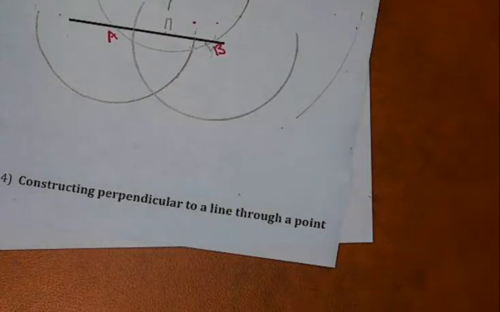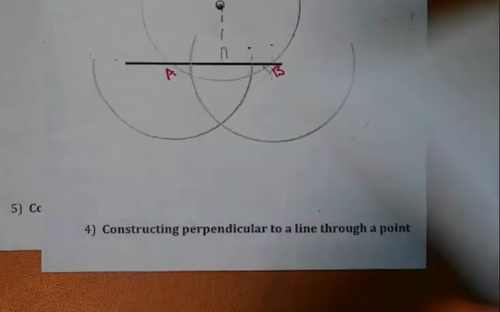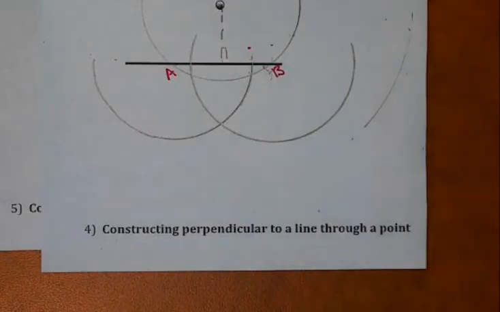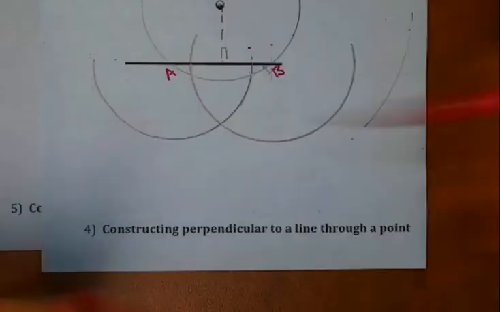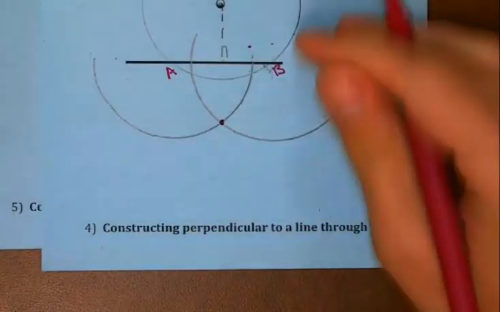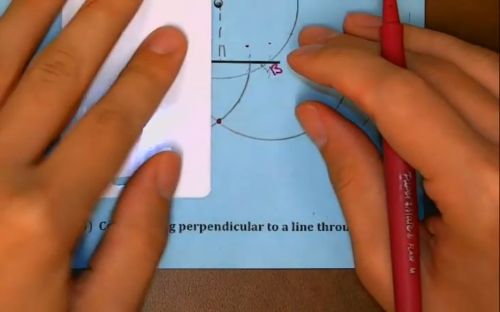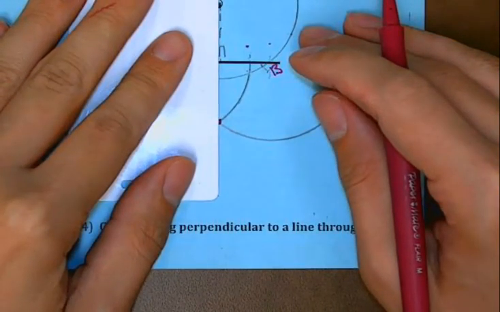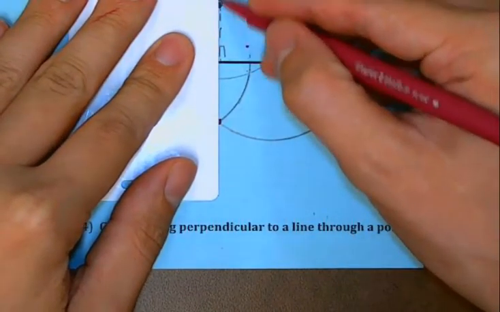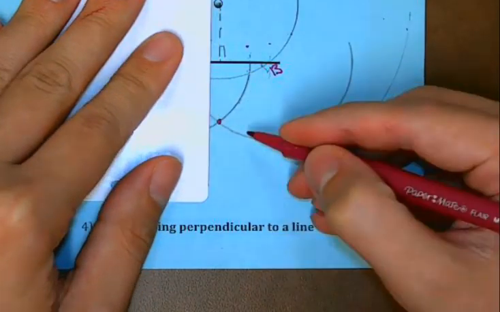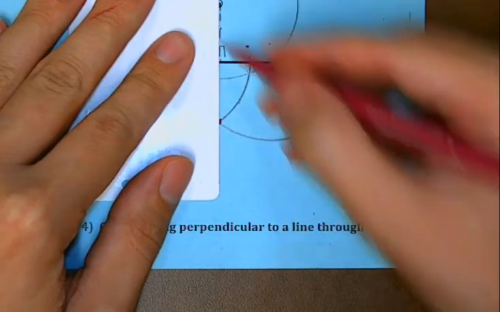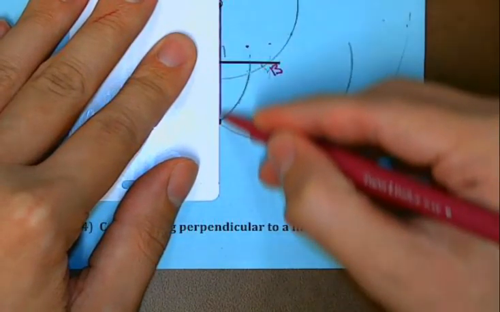Oh, hold up. Okay. Take your straight edge. We have a new point here, right? You're going to take this, line it up with R, and draw a straight line all the way across.